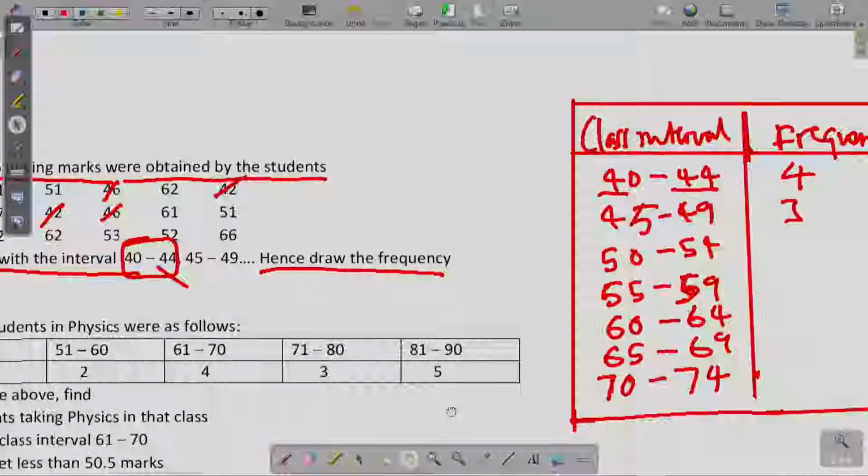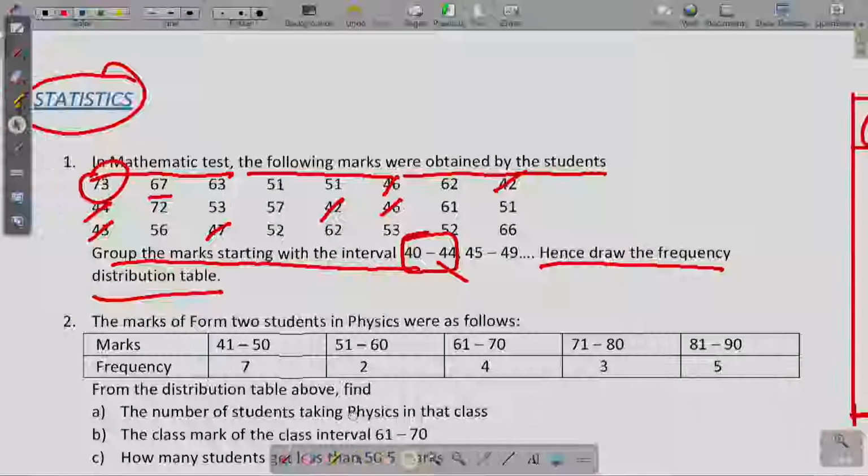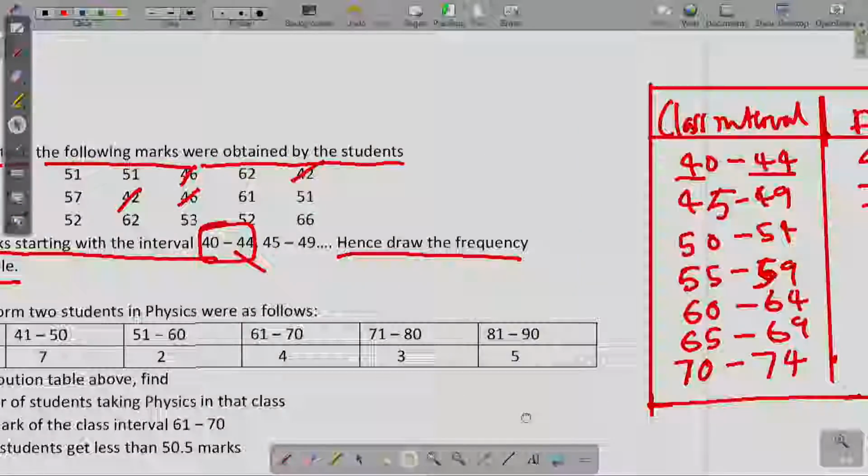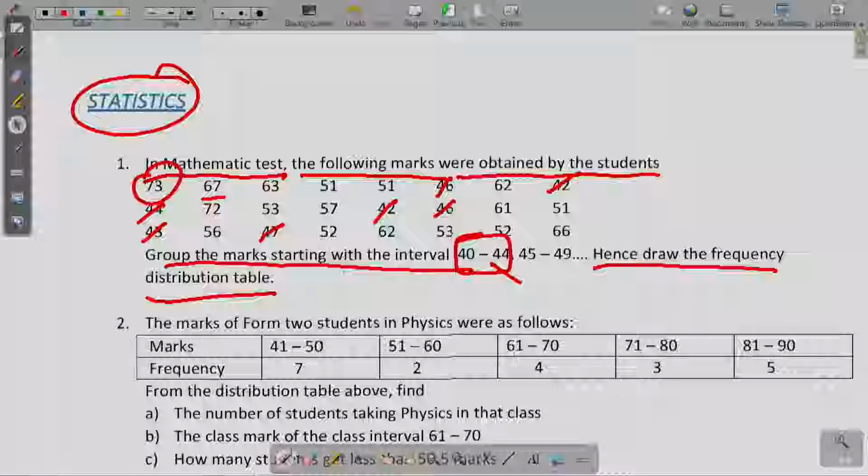And now from 50 to 54. 1, 2, 3, 4, 5, 6, 7.